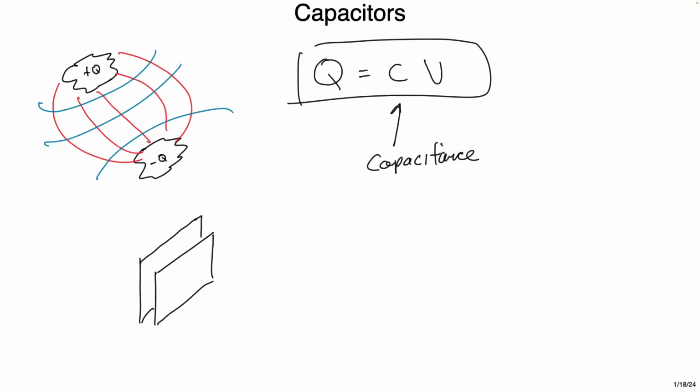This was a very lame attempt at drawing two vertical plates in 3 dimensions next to each other. If we were to look at this face on, we'd have one plate there, one plate there. We'd charge one plate up to be positive, say that one right there. And then we charge the other one up to be negative, say that one right there. And then you can electrically connect them through a wire.